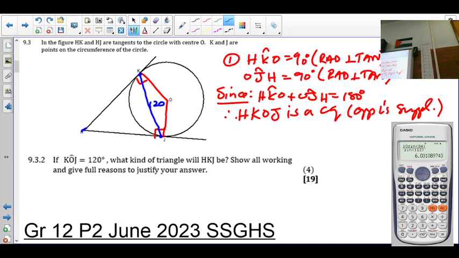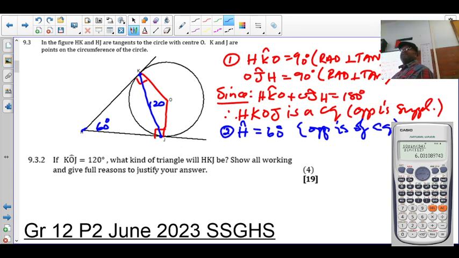So what I need to do is calculate all the angles. Alright. So we know that angle H is 60 degrees. Why is that 60 degrees? Because it's opposite angles of a cyclic quad. Remember in the previous sum we proved that to be cyclic.